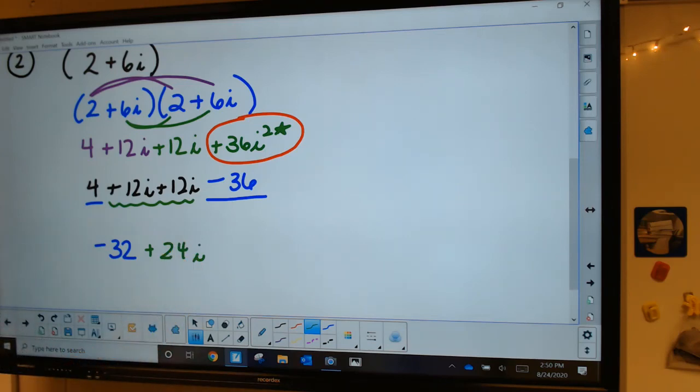All right, so the answer for number 2, I got negative 32 plus 24i. So hopefully that lesson is going okay. I'm going to make a few questions for you to practice in Delta Math, and I hope things are going well.